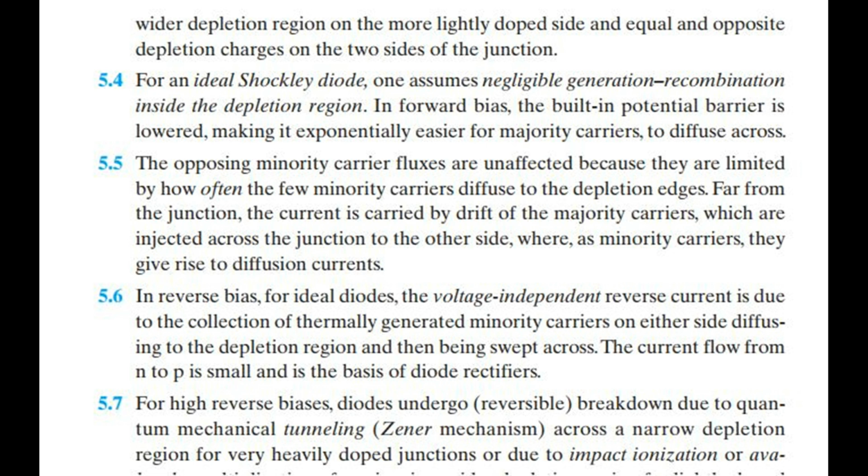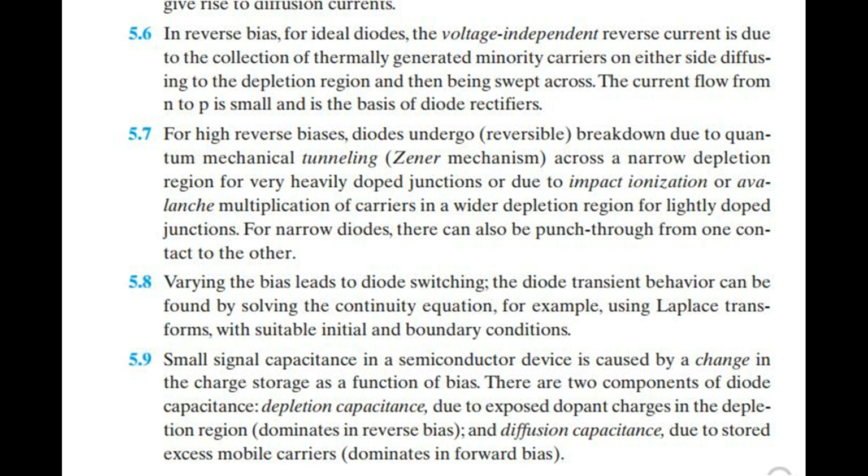The current flow from N to P is small and is the basis of diode rectifiers. 5.7 For high reverse biases, diodes undergo reversible breakdown due to quantum mechanical tunneling, the Zener mechanism, across a narrow depletion region for very heavily doped junctions, or due to impact ionization or avalanche multiplication of carriers in a wider depletion region for lightly doped junctions. For narrow diodes, there can also be punch-through from one contact to the other.